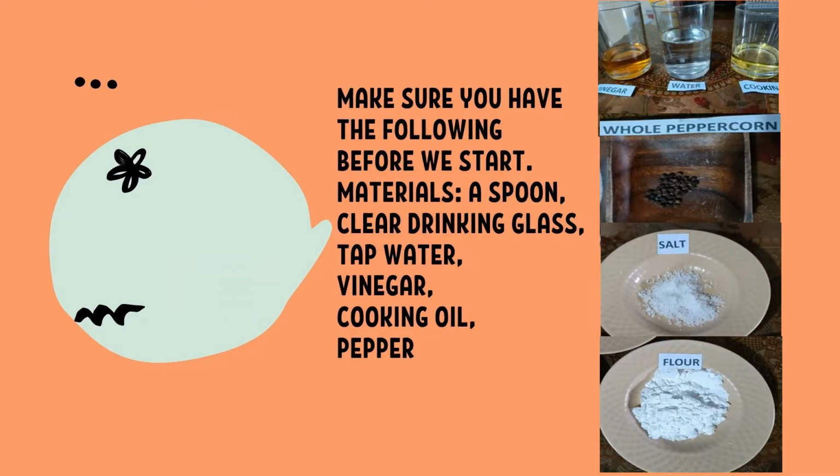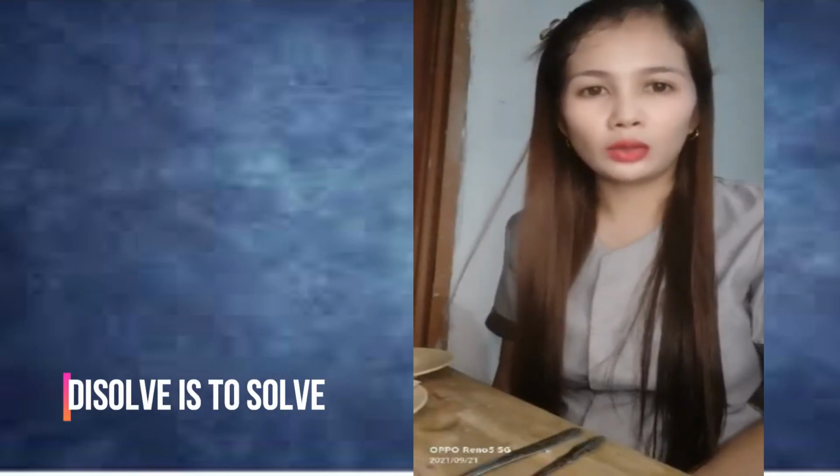Materials for activity B: vinegar, water, cooking oil, whole peppercorn, salt, flour, spoon, and clear drinking glass. Alright, so again, for activity B, the title of the activity is Dissolve is to Solve.